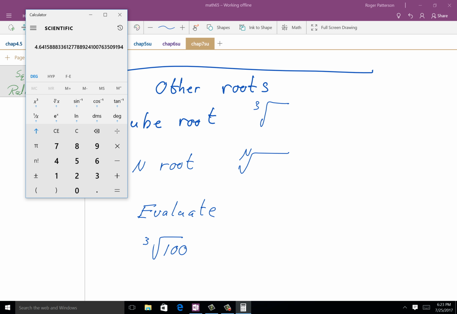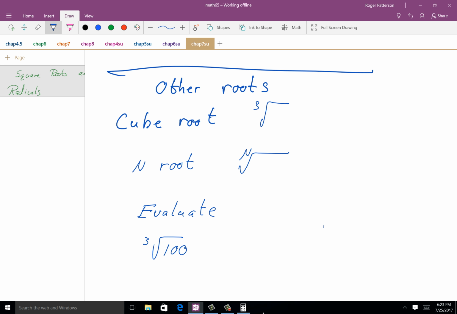Okay? Now on yours, it's hard to say what the order could be. If you have a TI, you put the root power in first.